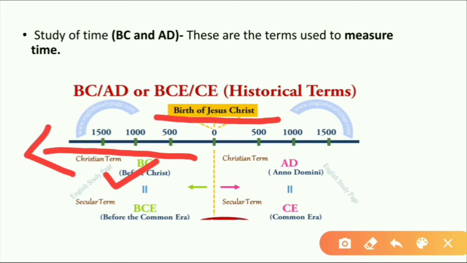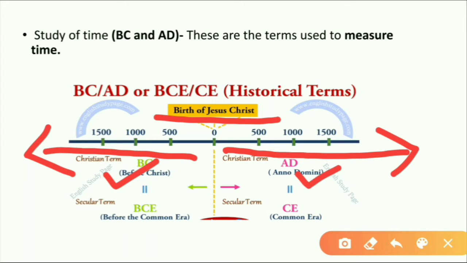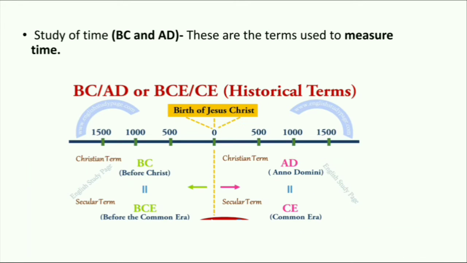All the dates after the birth of Christ are counted forward, which is denoted as Anno Domini, which means AD. But now, in the current era, BC is known as before the common era, and instead of Anno Domini, the scholars use the term common era.